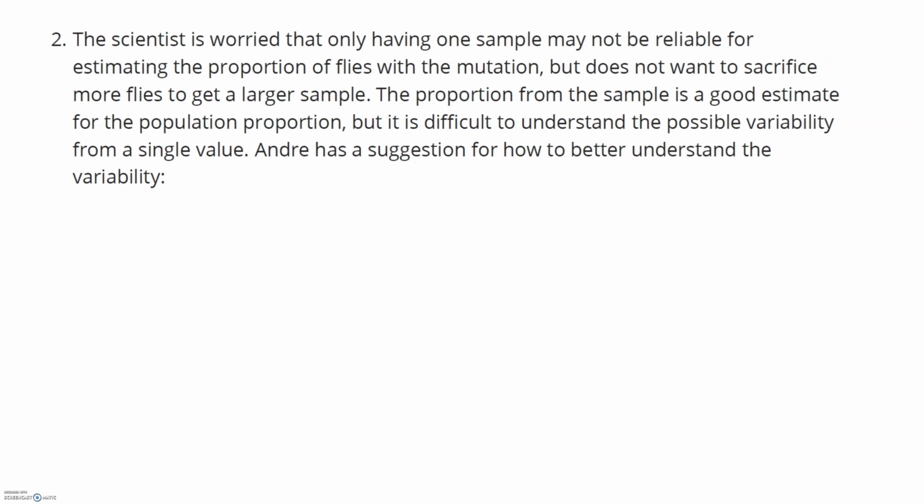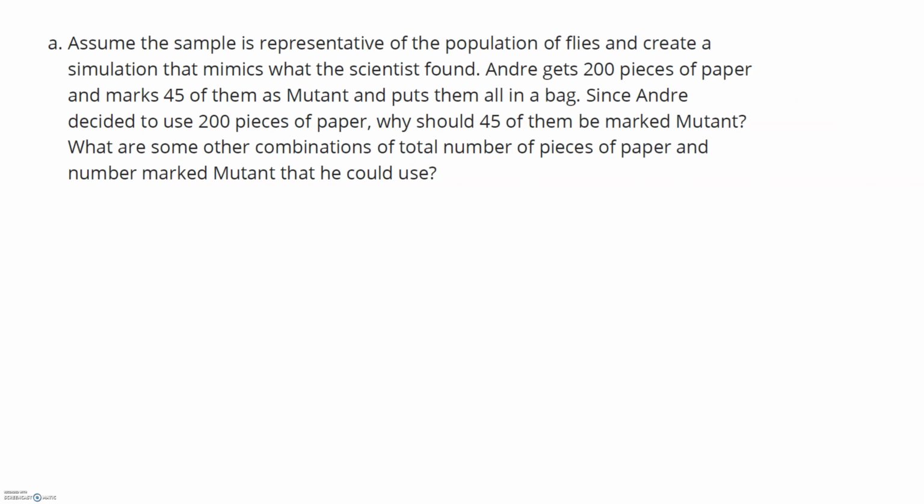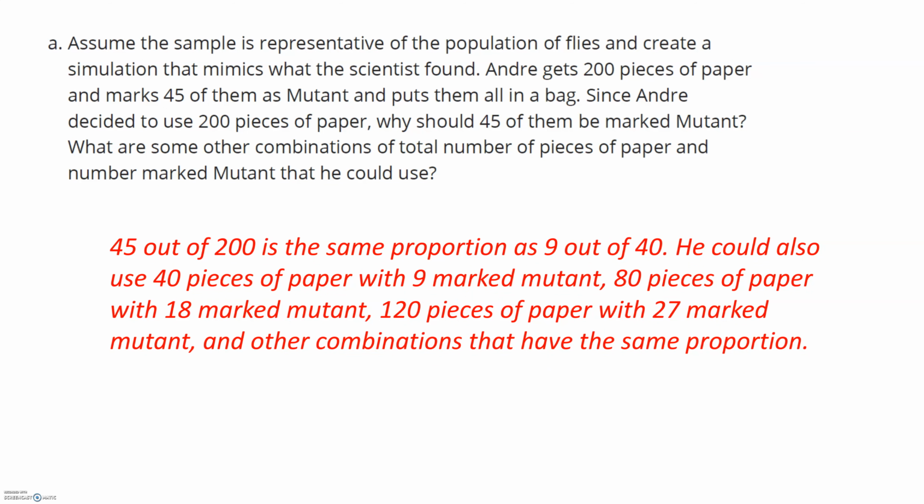And there are other possibilities that you can use, okay? You can say 80 pieces and 18. You can say 27 and 120 pieces. You can come up with whatever proportion you want, because up to this point numbers are infinite. So you can go in the millions if you want and still get the same proportion.